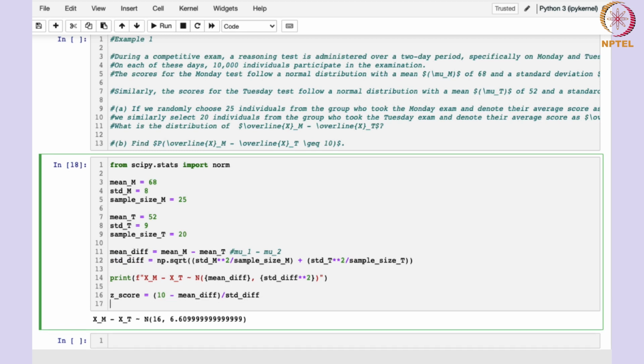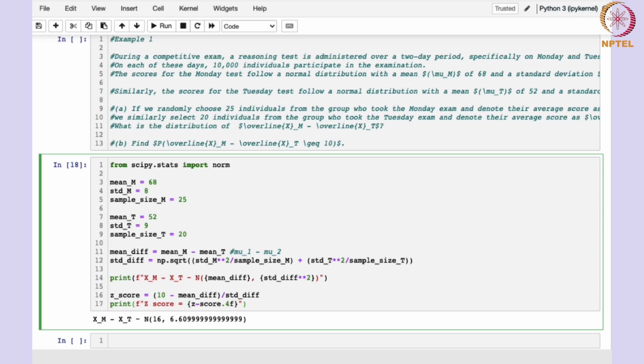Okay, we can print this z-score, whatever the value is, and see what it is. Print z-score is equal to, and we are specifying this formatting that we want it to 4 decimal places.